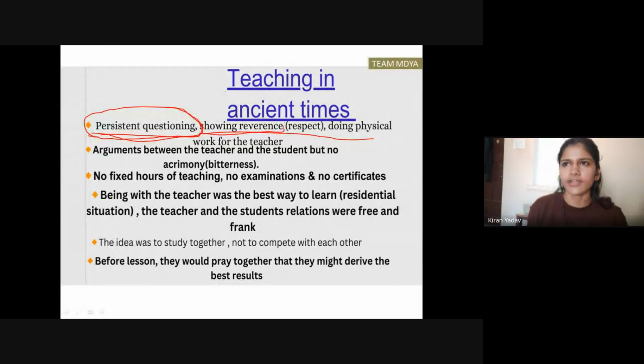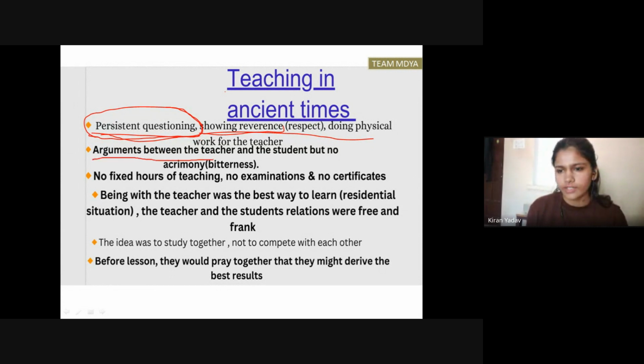In ancient times, students, the shishyas, used to respect their teachers a lot. Doing physical work for the teacher: they used to fetch water for their guru and do domestic work. It was not that they were forced or imposed to do that. Out of respect, they used to do it, a selfless service.